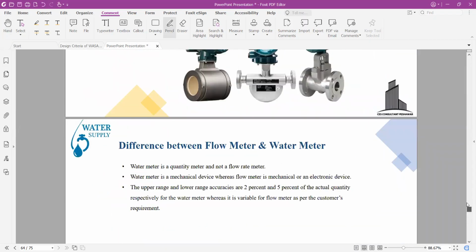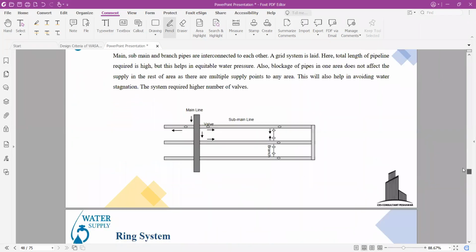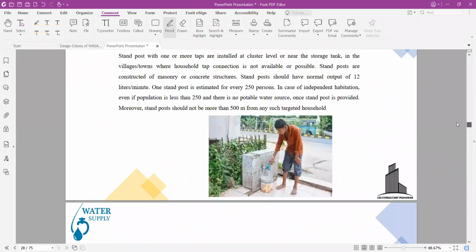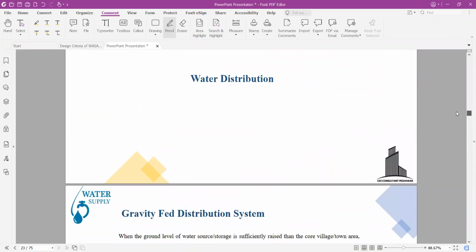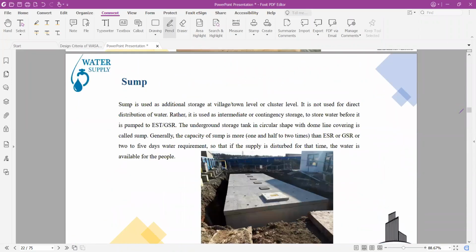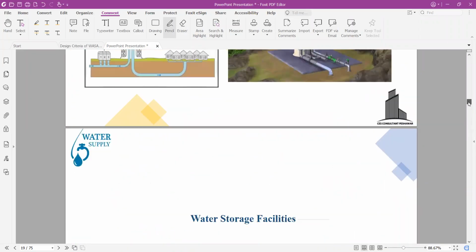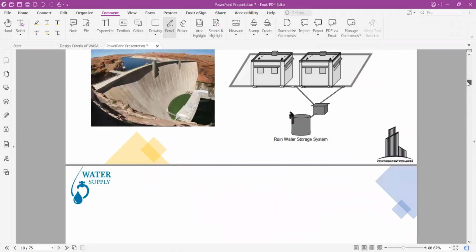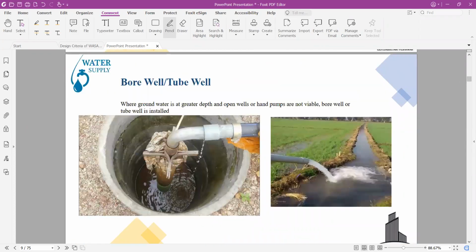Where is the tube well? So basically, this is a delivery pipe which delivers the water to the water supply system.